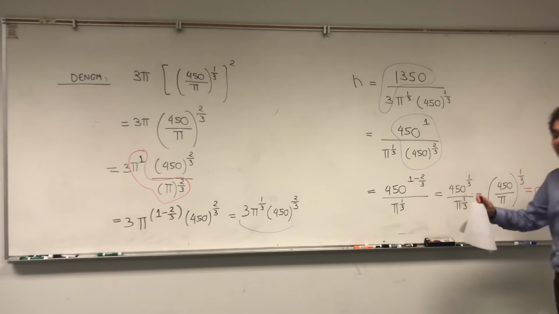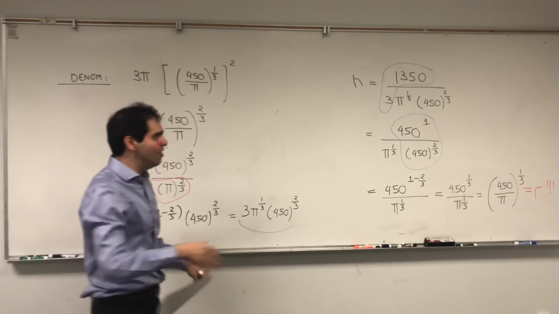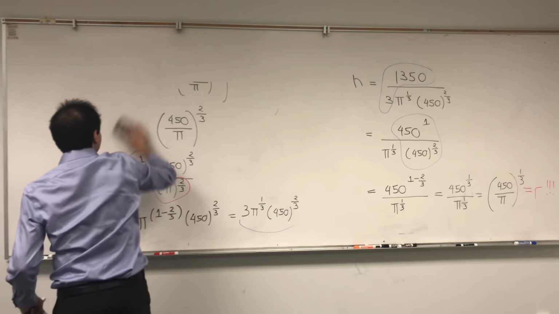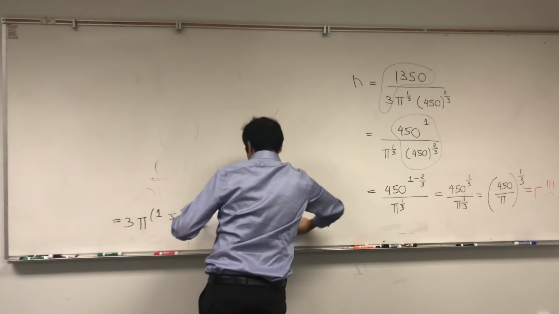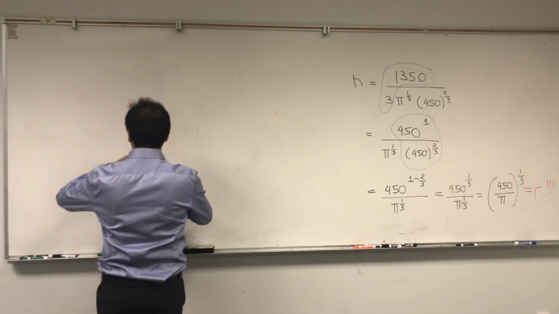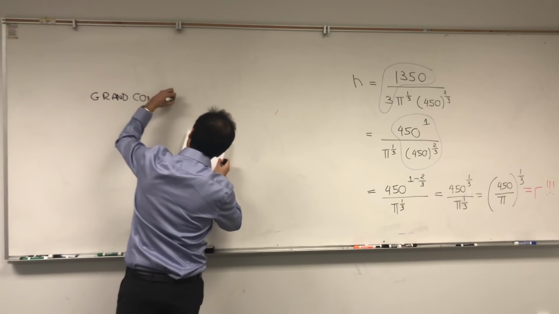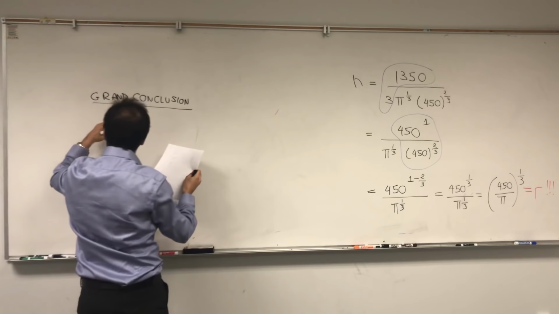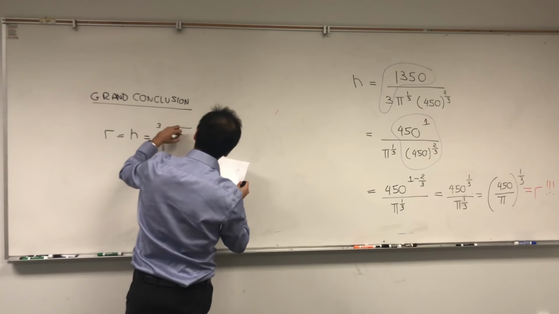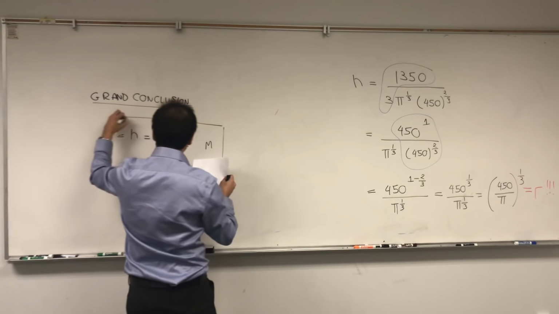Oh my god! So in other words, what's the grand conclusion? The optimal silo has the property that the height equals the radius. So r equals h equals the cube root of 450 over pi, and with the units it just becomes meters.